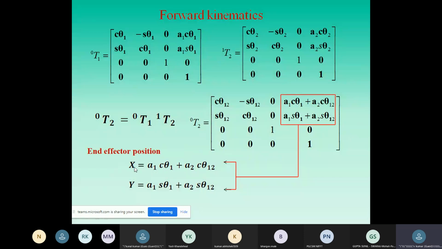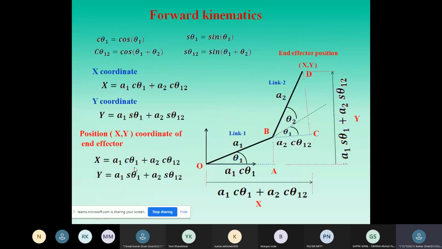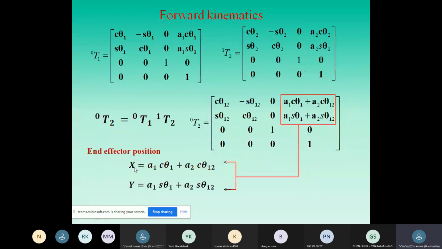And see this and the previous slide, they came out the same by geometry and by transformation matrix.